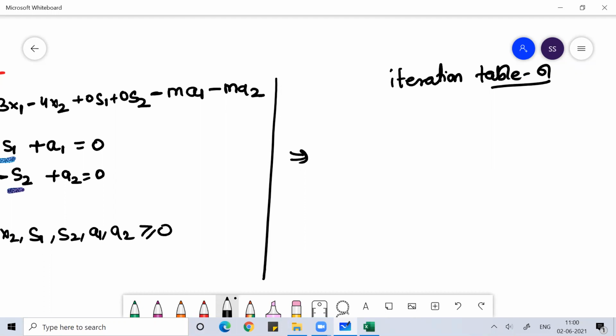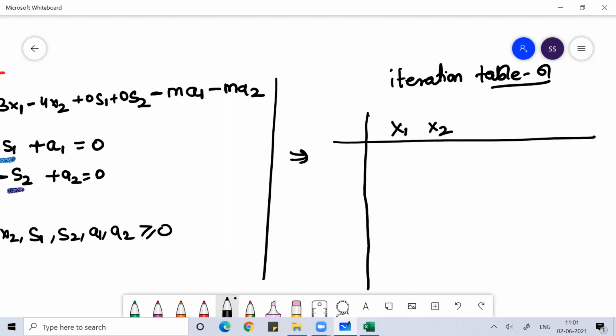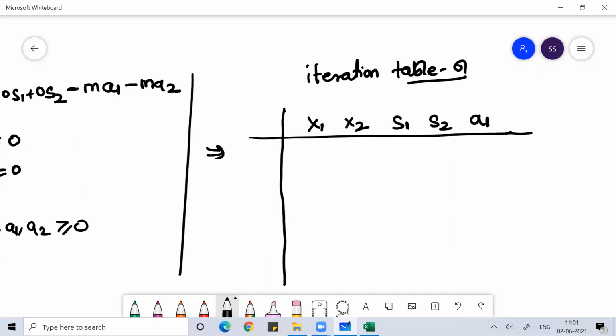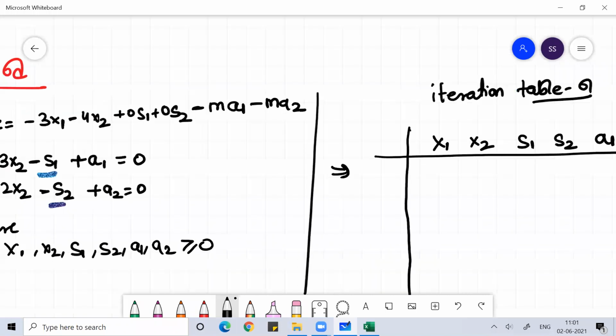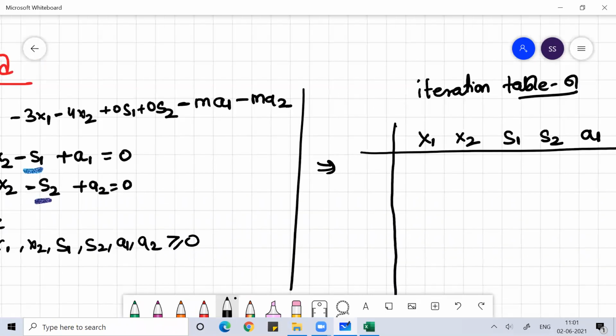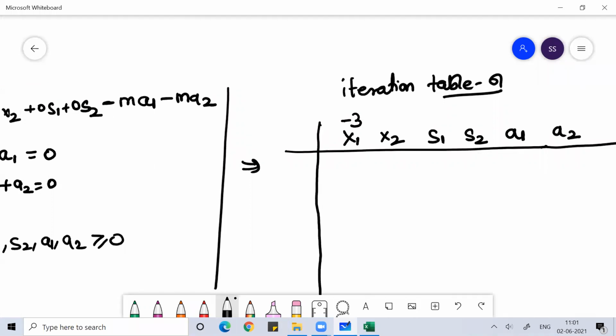You have x1, x2, then s1, s2, then A1 and A2. Coefficient of x1 is minus 3, x2 is minus 4, then 0 for s1 and 0 for s2. 0 has no sign, positive or negative, so please don't get confused by seeing the plus sign with 0.